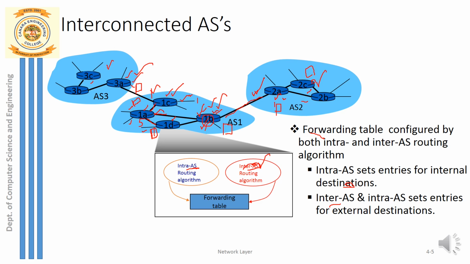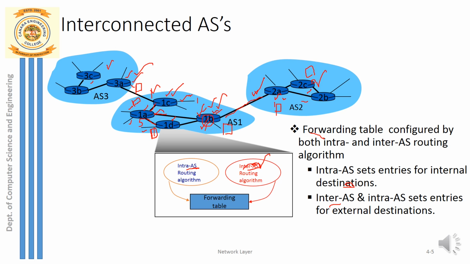That is how 1A will come to know that the destination router 2C is reachable via the edge router 1B. So once it comes to know about that, 1A will forward the packet through the shortest path to the edge router 1B, and then 1B should calculate the shortest path to reach AS2 or the edge router 2A, and then 2A should calculate the shortest path to reach the destination node 2C.